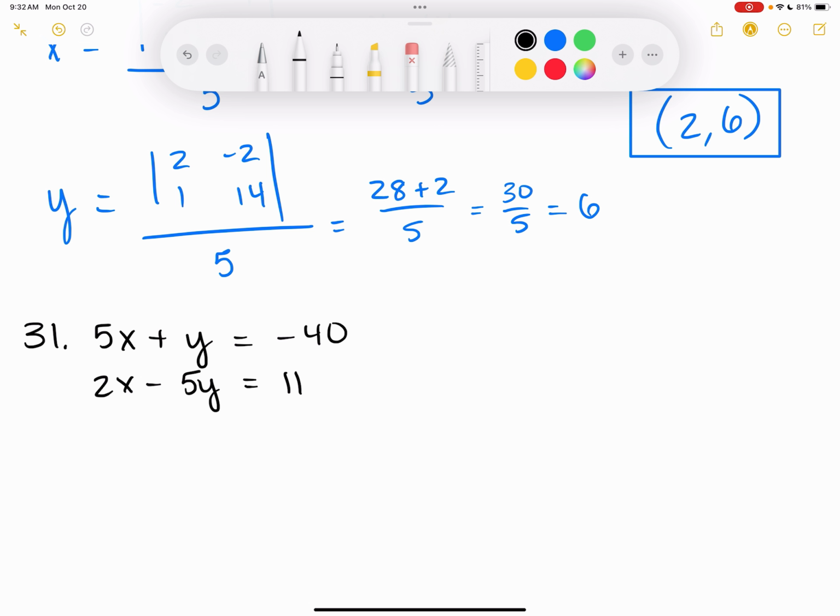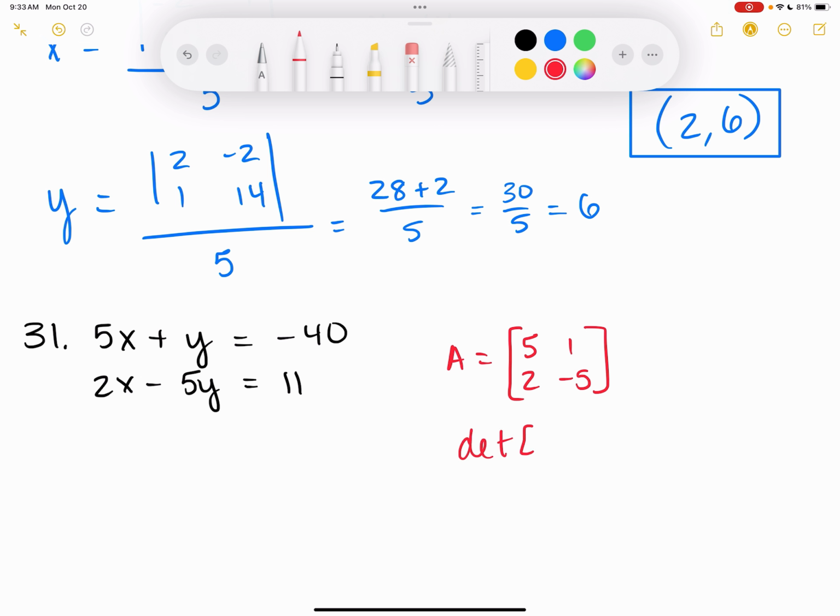So I need my coefficient matrix first. So that's 5, 1, 2, -5. And I need the determinant of that, which would be what?